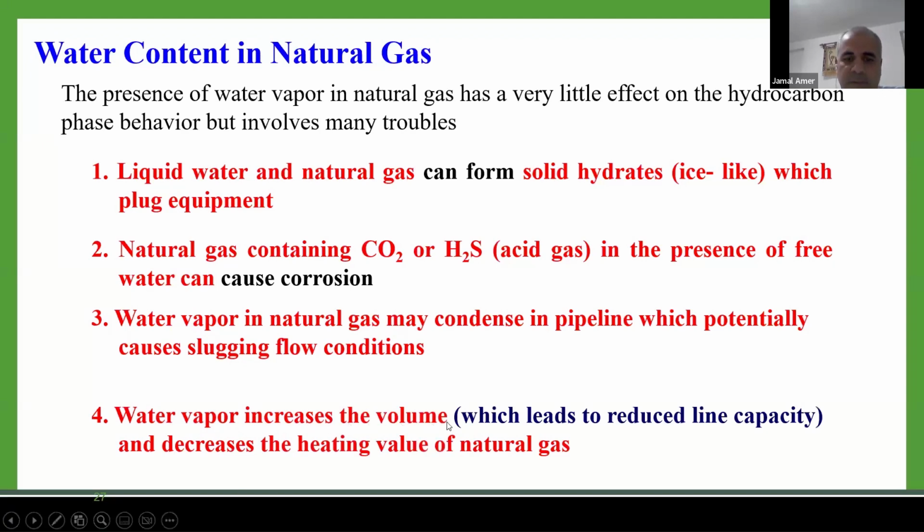Water vapor increases the volume, which leads to reduced line capacity. Also, when water condenses in the pipeline, this will affect the capacity of the flow line and decrease the heating value of the natural gas.